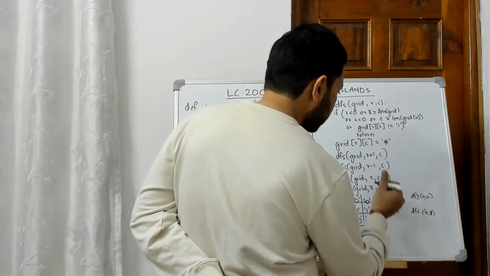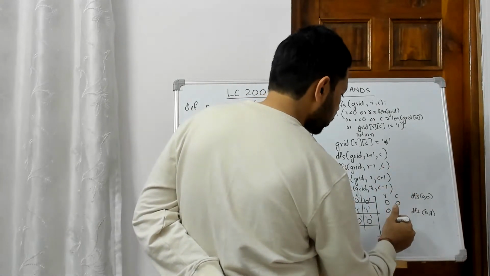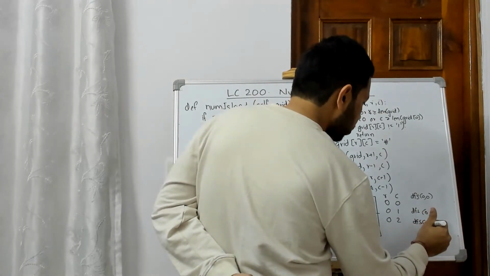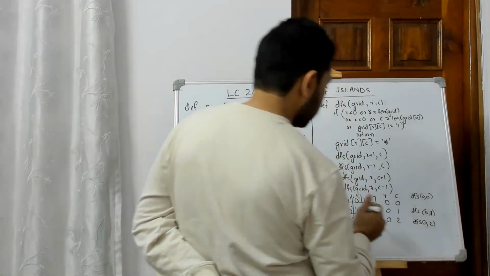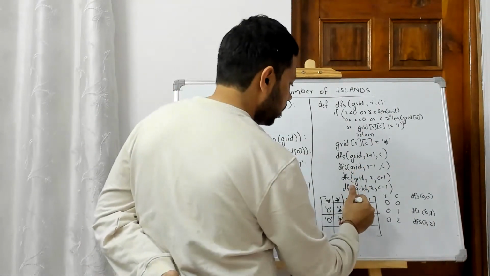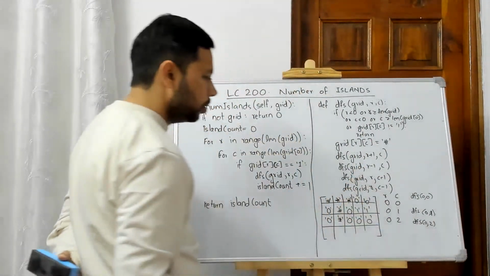Finally, you will do R comma C plus 1, which is 0 comma 2, and once you do DFS of 0 comma 2, you will come to this point. It will pass the case and you will mark it as hash, and the rest of its nodes will also come back.